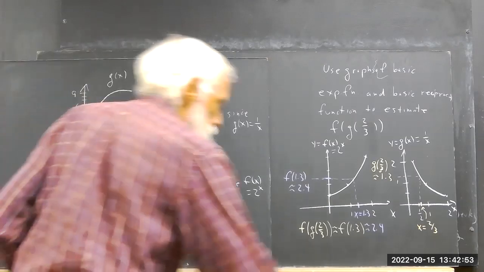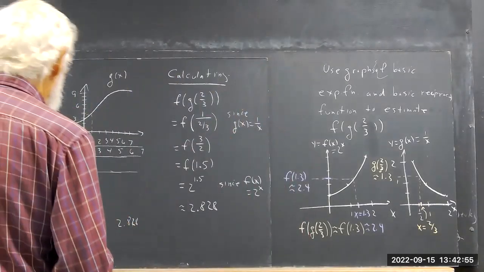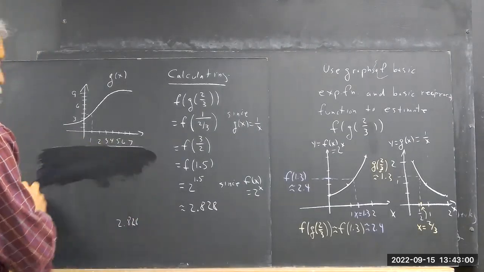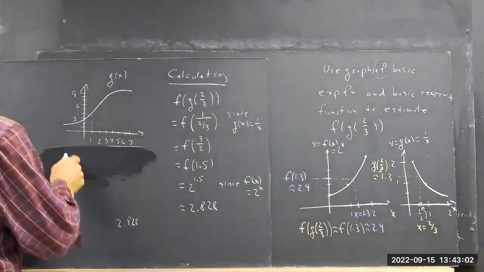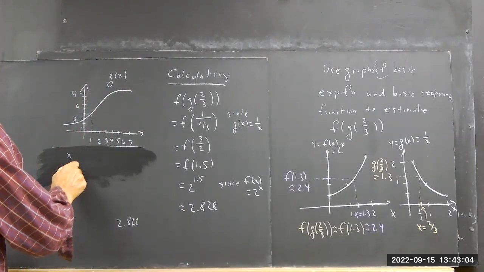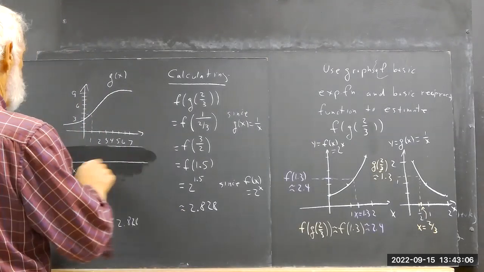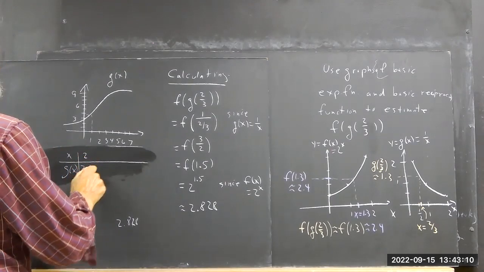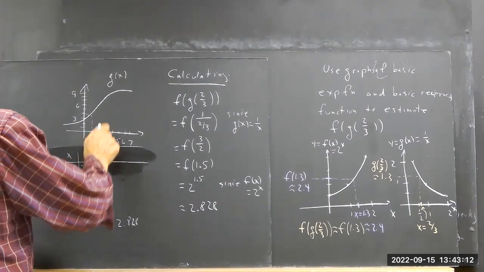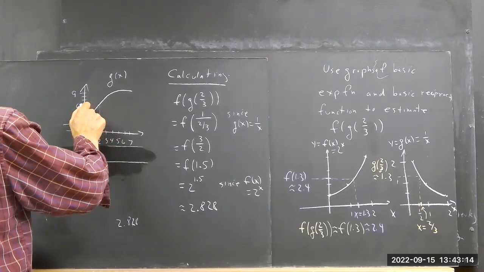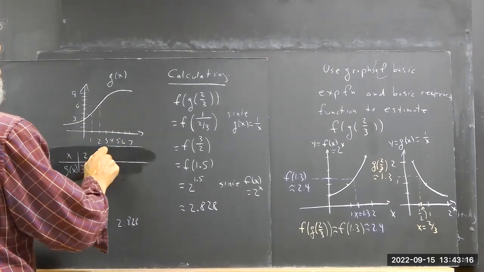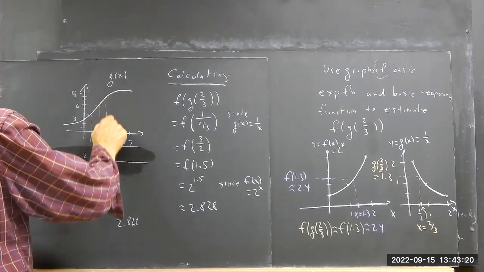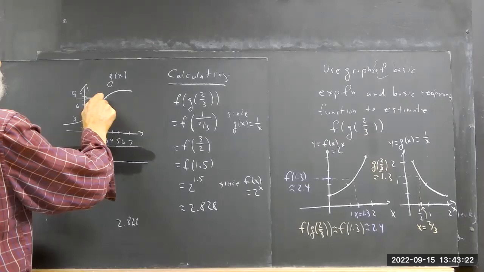I don't have room for both, so I'm going to have to do a more abbreviated table, but that's okay. Everybody sees what I'm doing, right? Because you know this process.